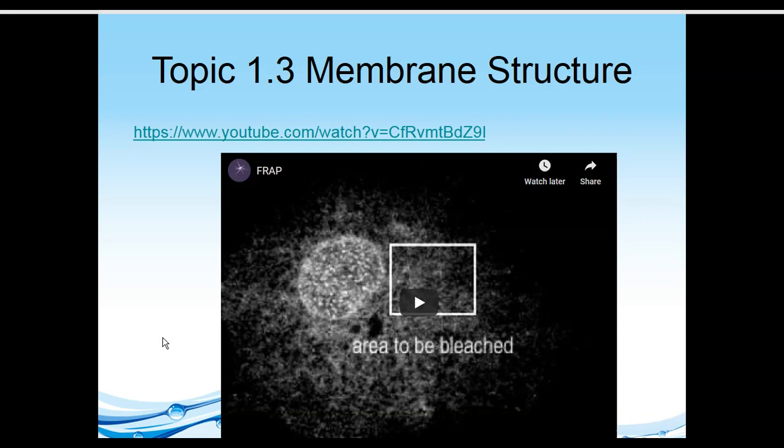GFP, as you can probably guess from the name, glows under special microscopes. And so the scientist is going to kill off some of the glow of some of these proteins. And then we wait to see what happens as the membrane is moving around.